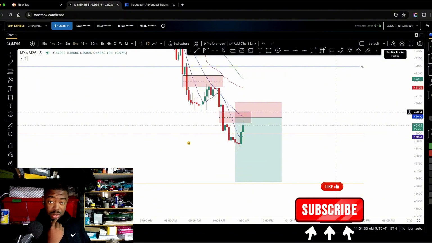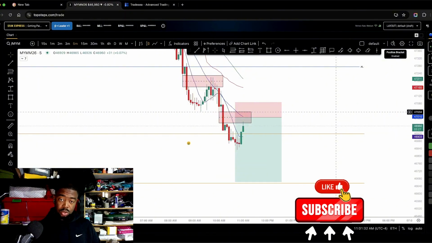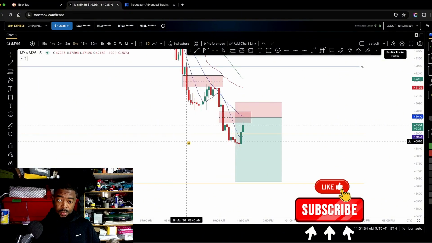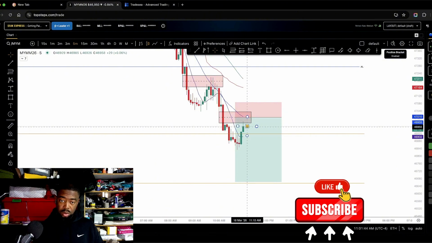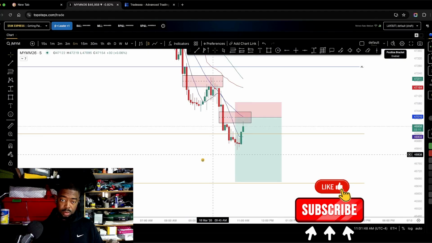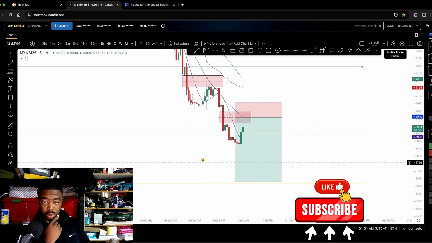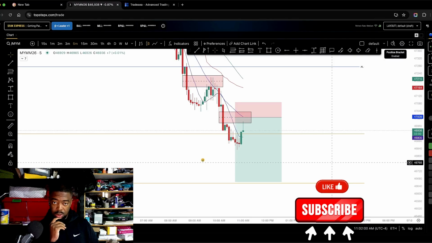I want the next candle to give us a last push into equilibrium of this gap. I want that next candle to be red and shoot down. That's what I'm looking for. We're sticking with the trend. Whew, that's a nice rejection, but it didn't get to where I need it to be.